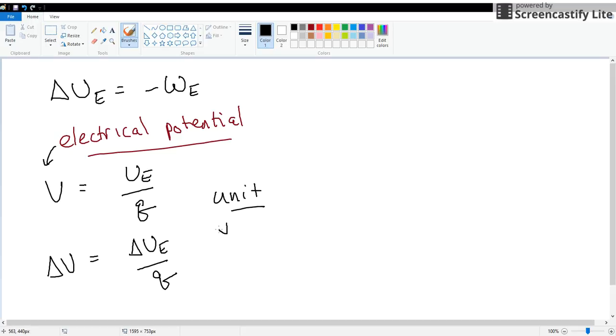So the unit is a joule per coulomb, which we commonly refer to as a volt. So a joule per coulomb is equal to a volt. That's where the term voltage comes from. Let me write this, volt.